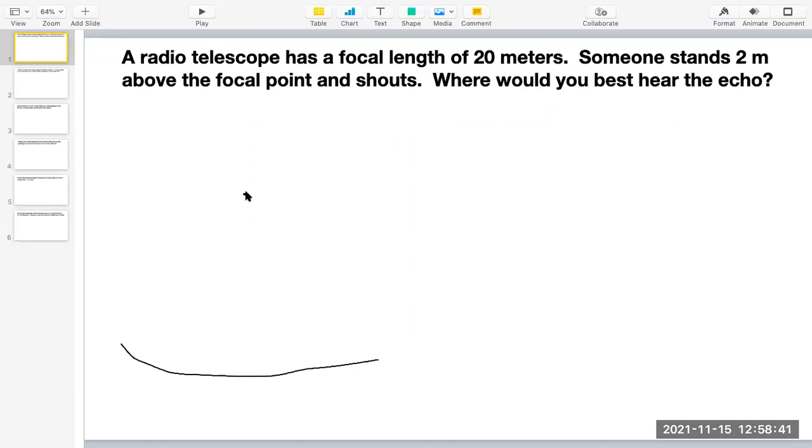So if we've got a 20-meter focal length, and we are 2 meters above that, someone is just trying to shout off of this big old bowl for reflecting radio waves, and instead it's going to be reflecting the sound of their voice. So where would those sound waves focus, which would give us our loudest echo?